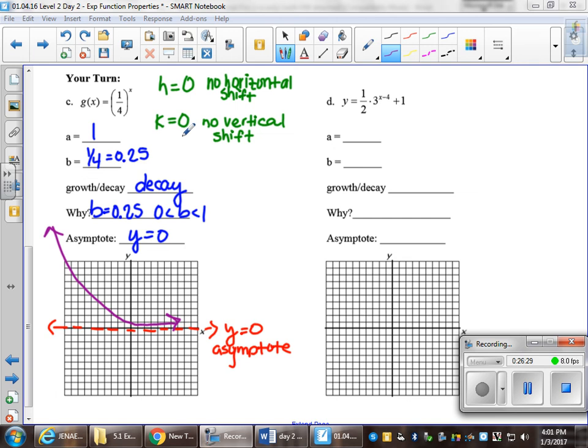K equals 0, no vertical shift. That means my asymptote will be y equals 0. I draw my horizontal dotted line right on the y-axis at y equals 0. Decay means that left to right, this is moving towards the asymptote. And I'm done.